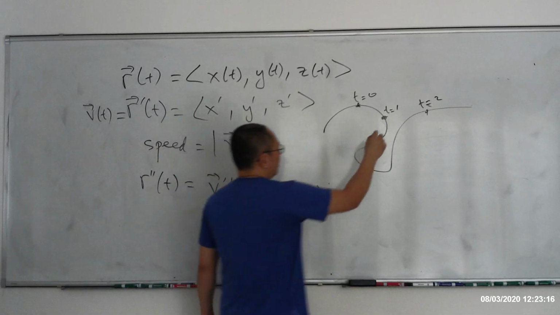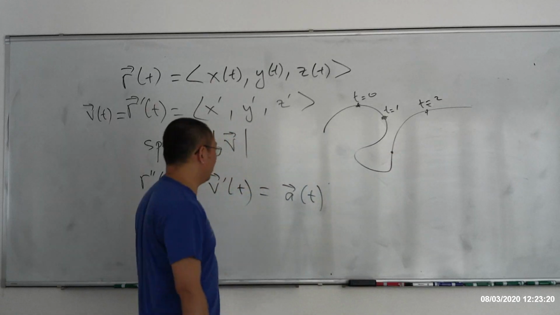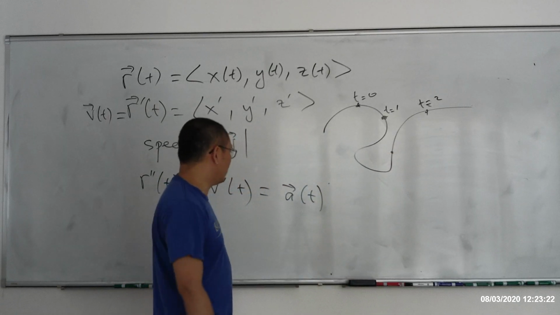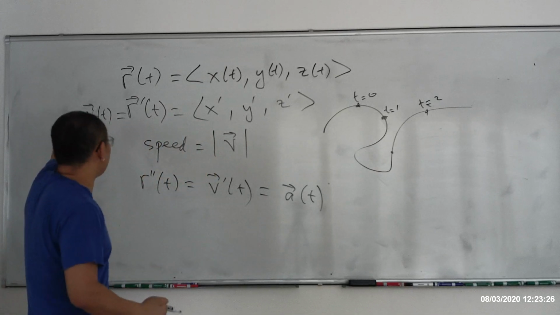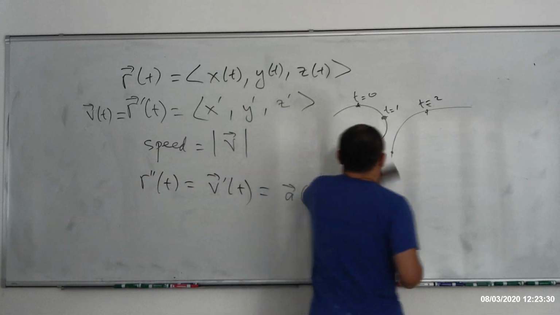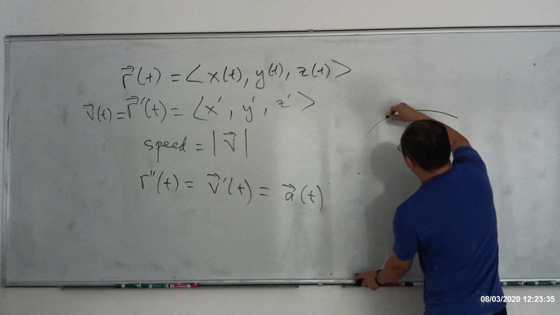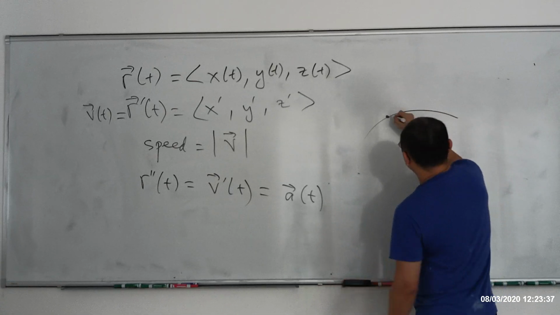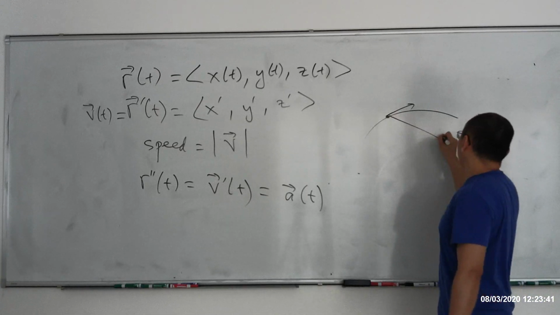So at a point somewhere, we know the speed, we know the velocity vector, and we also know the acceleration, which means how fast the velocity is going to change. So, I'd like to draw something simple. Have a curve. At a point, velocity, right? Acceleration, say, pointing this way.